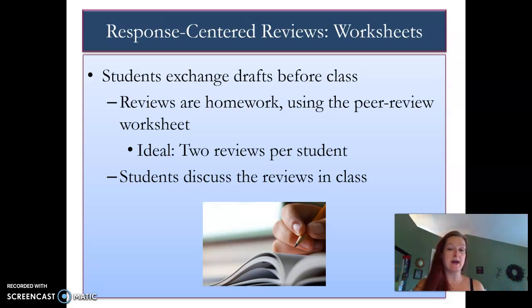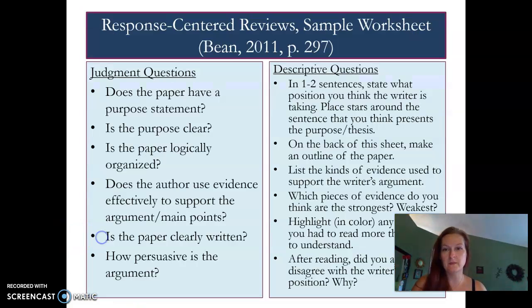And then you can come back as a class and discuss some of the reviews as a class, which is always a good idea. Again, I'm a big proponent of examples and sample papers, and it's not that you say, well, this is exactly the right way to do it and all other ways are wrong, but it's just to kind of demystify the process a little bit and give people an idea of how this works in practice. So that's kind of a take-home version of the same thing.